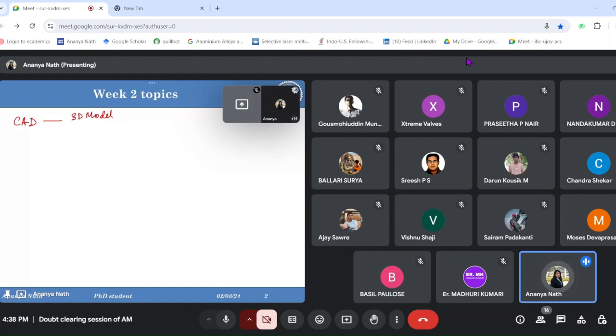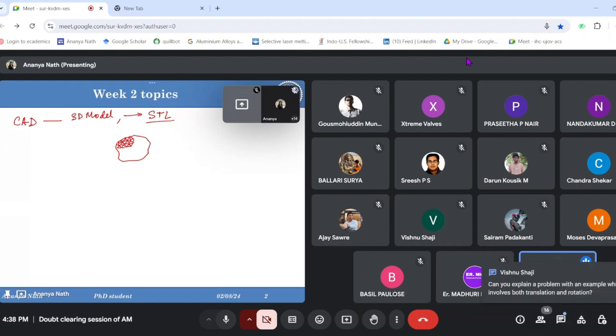That understandable language is the STL file, which is standard tessellation language, or standard triangle language, where a full surface is divided into small triangles, so that the whole surface of the 3D model can be defined using these small triangles only. But again, sometimes it's not necessary.